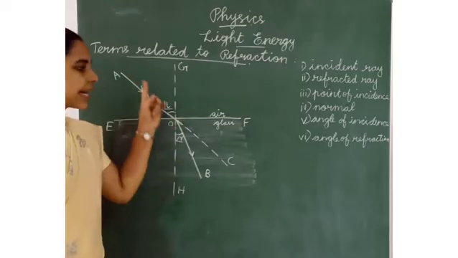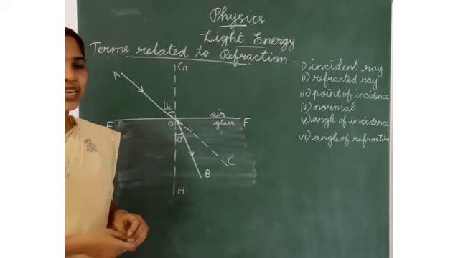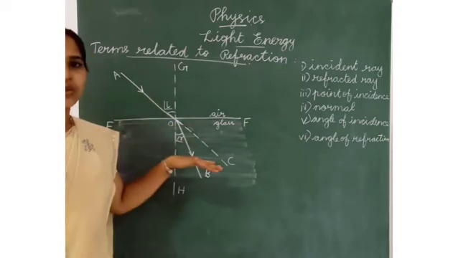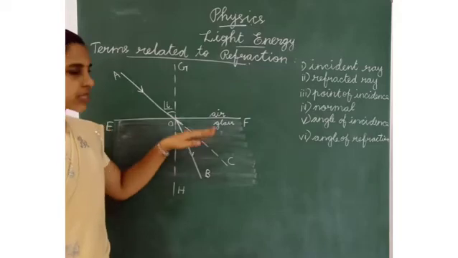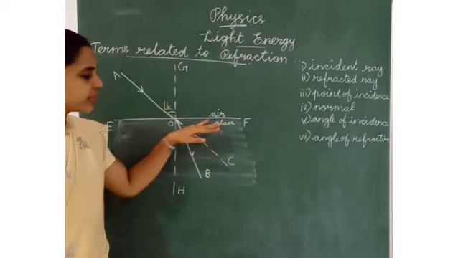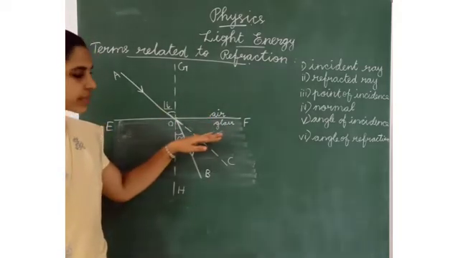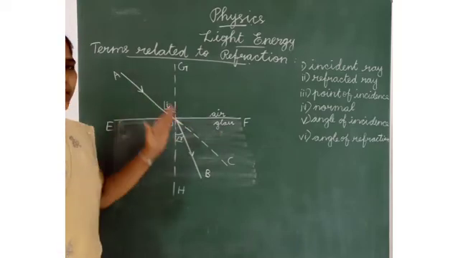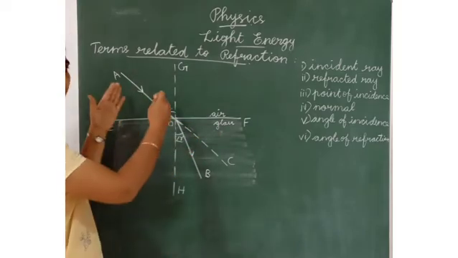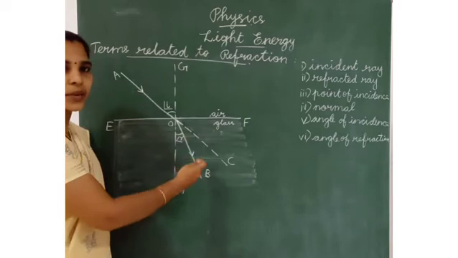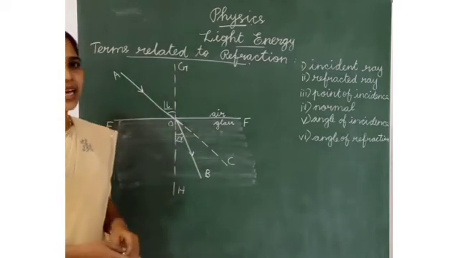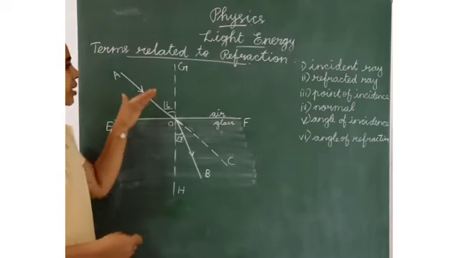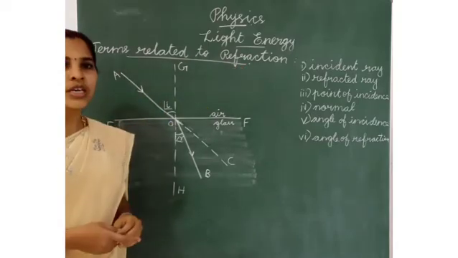Here, a ray of light is traveling from one medium to another medium. For example, from air to glass. This is the medium of air, this is the medium of glass. When light refracts, there are different terms related to refraction.